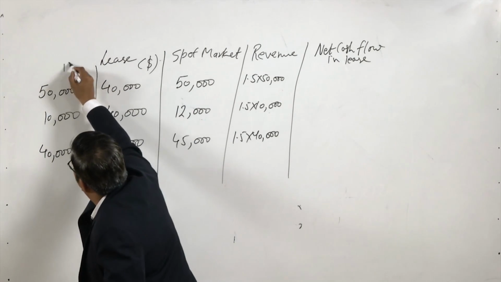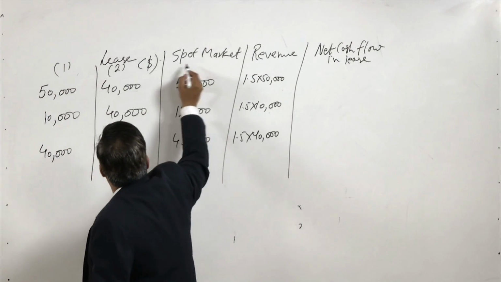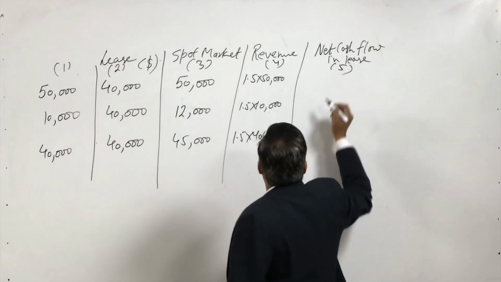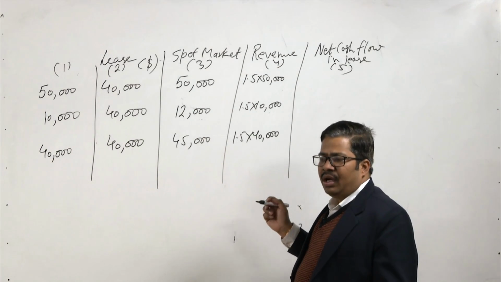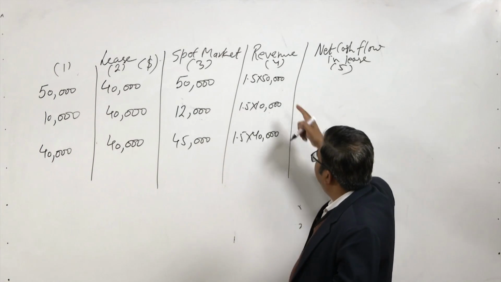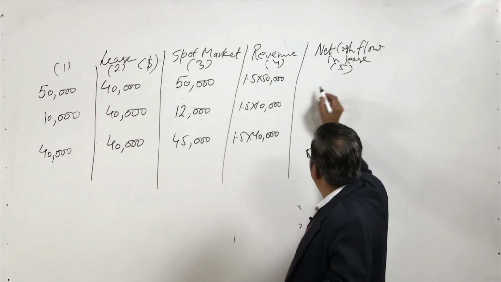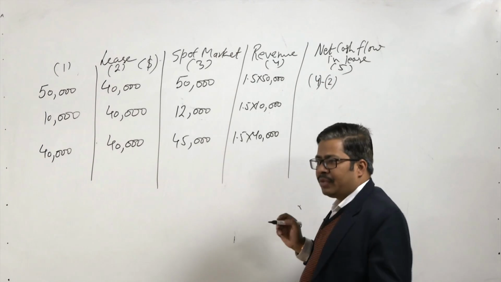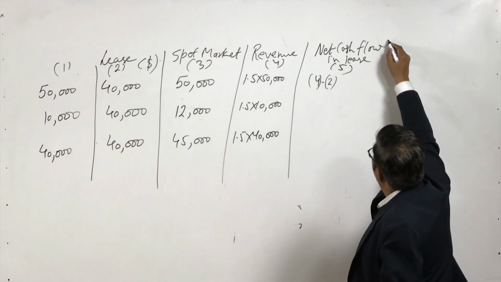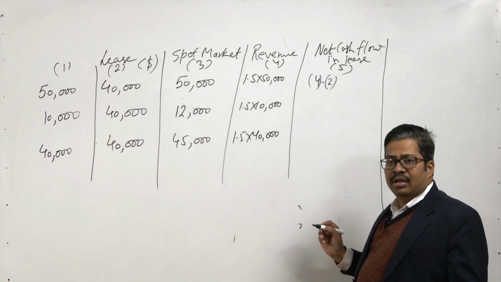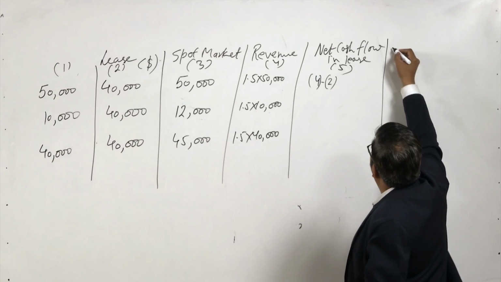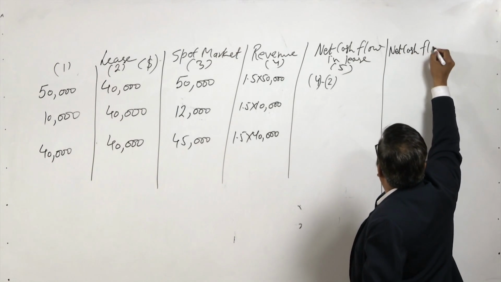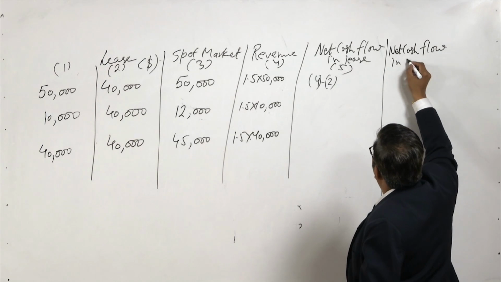This is column number 1, this is column number 2, this is 3, this is 4, this is 5. So in case of lease, I am getting the difference from column 4 and column 2. So I write these values here, and then I can also calculate the net cash flows in a spot market.